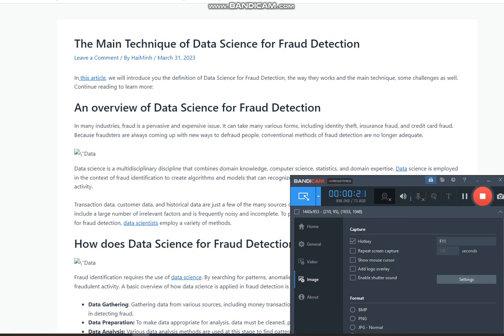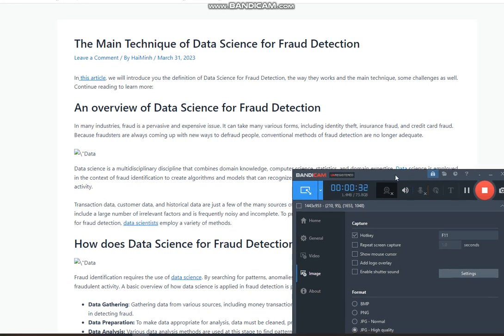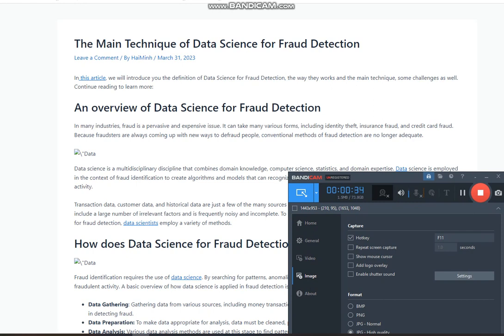An overview of data science for fraud detection. In many industries, fraud is a pervasive and expensive issue. It can take many various forms, including identity theft, insurance fraud, and credit card fraud. Because fraudsters are always coming up with new ways to defraud people, conventional methods of fraud detection are no longer adequate.